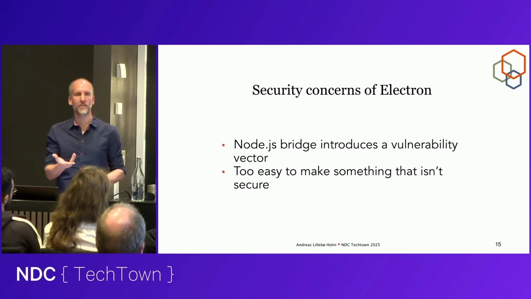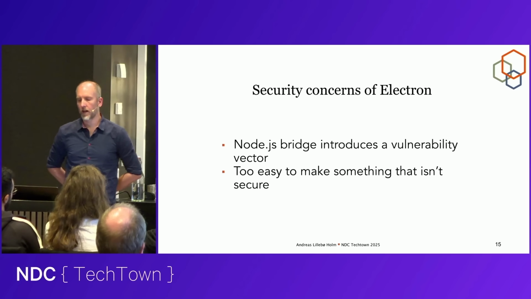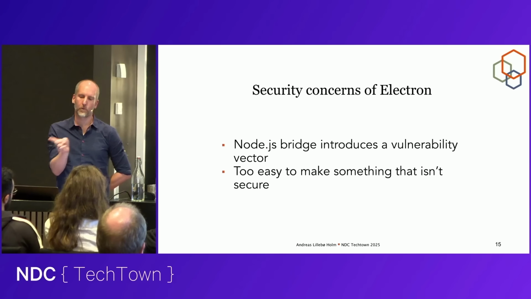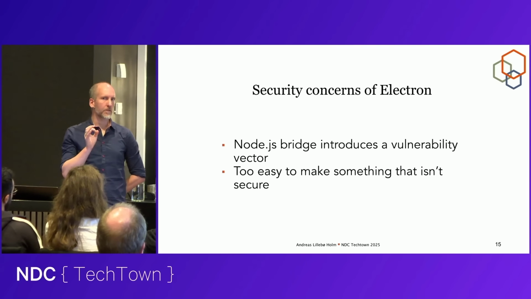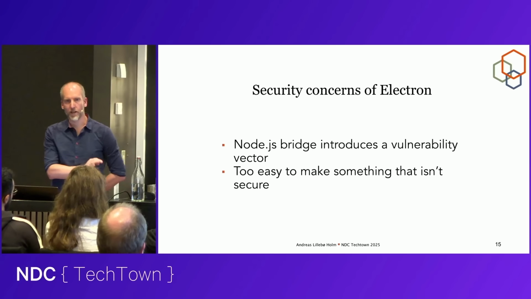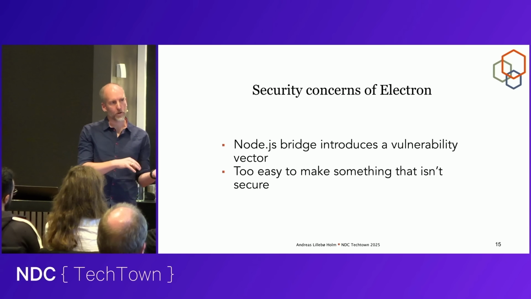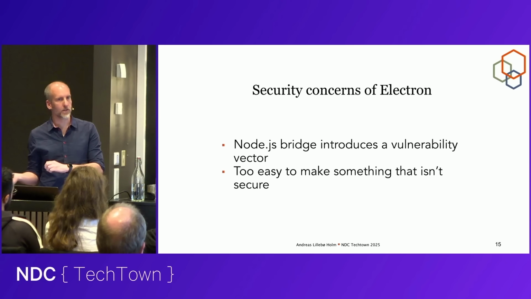It's called inter-process communication, IPC for short. And that Node.js bridge that you send data back and forth through introduces a vulnerability vector. It's not impossible to make it safe. You can make it safe. But I think the code and the framework make it too easy to make something that isn't secure.